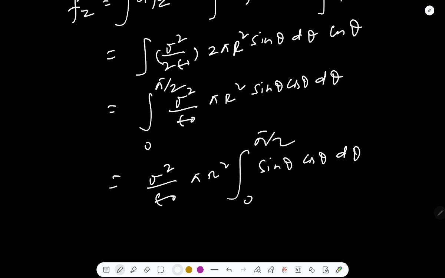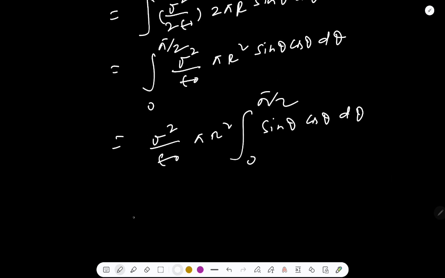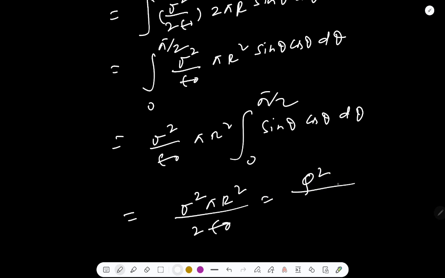I know how to solve it, and you obviously know, and the result you are going to get is sigma square pi r square divided by 2 epsilon naught. And if we put the value of sigma in terms of q, the result will become q square by 32 pi r square epsilon naught.